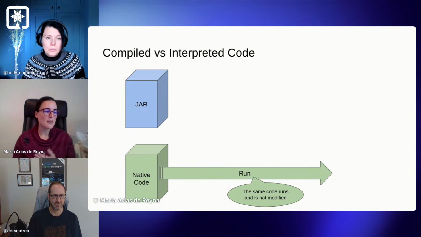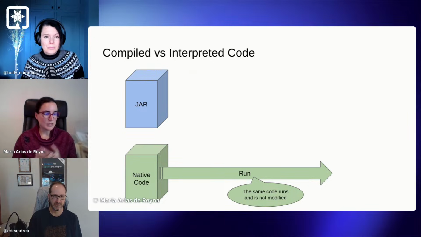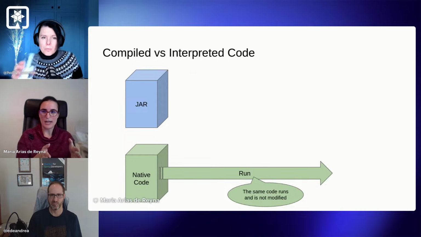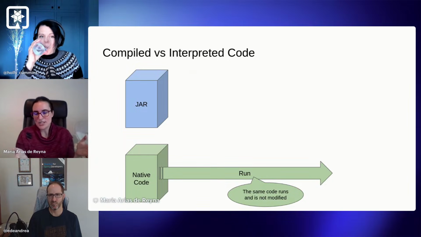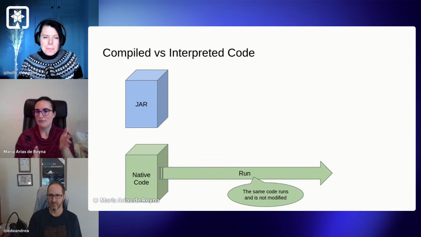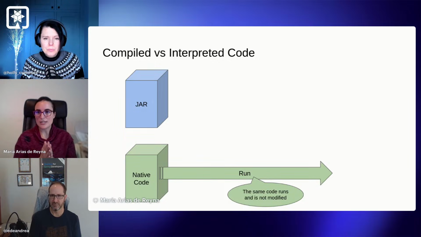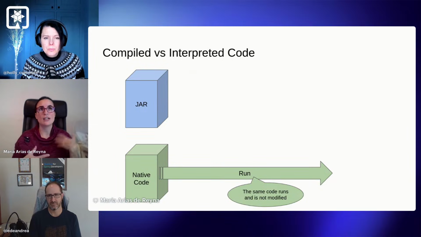You have your Java code, you compile it to native machine code, and then you run it, and it's faster than running a jar file. But the same code runs from the beginning to the end of your application run. It's not learning, it's not improving as you use it.